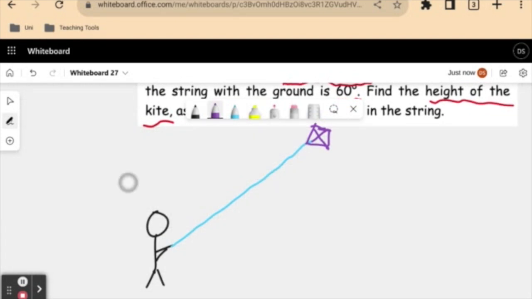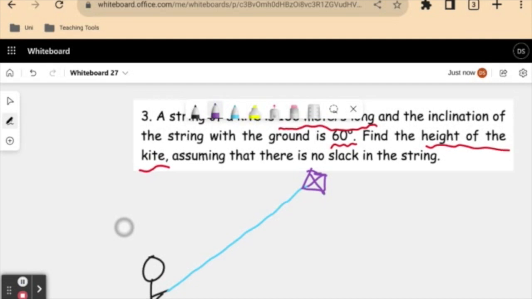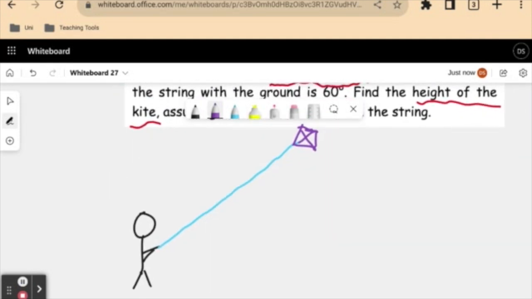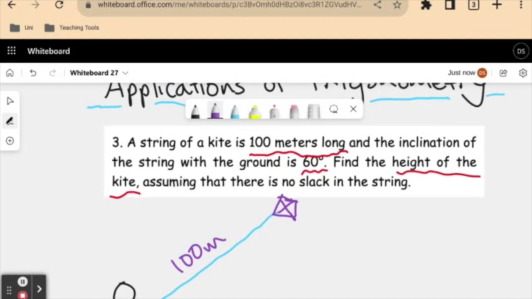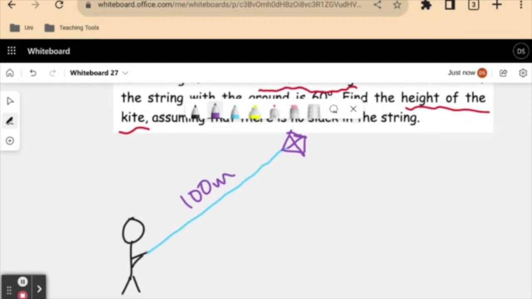We're going to label all of our important bits. The string of the kite is 100 meters long, so we can write that this string is 100 meters. And the angle of inclination, the angle that the string makes with the ground, is 60 degrees. Let me get rid of me here and just draw the ground.